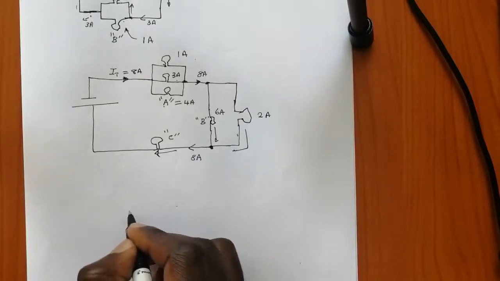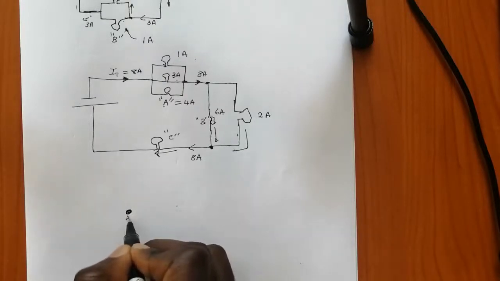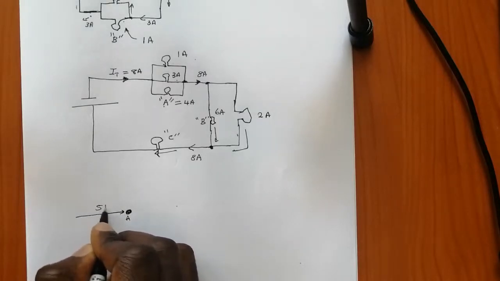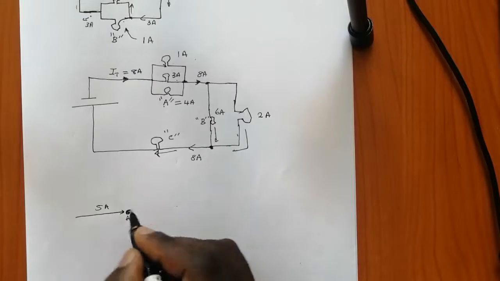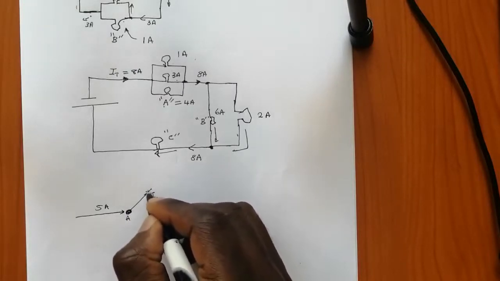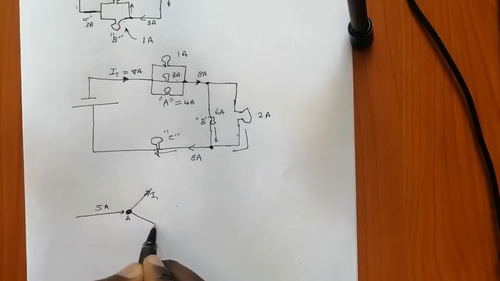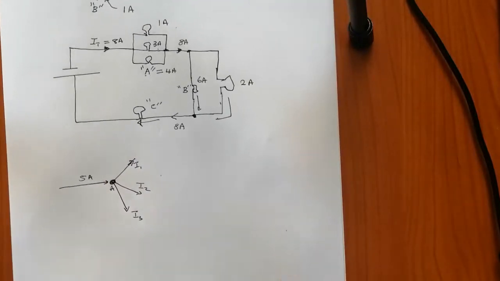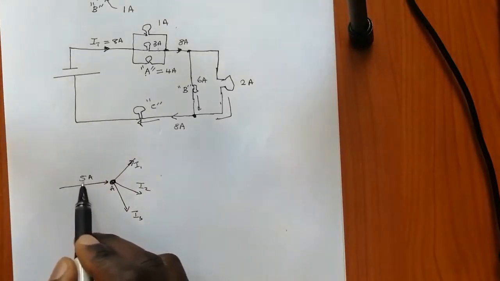As we just said, we have a node A. So if I supply a current of 5 amps, and I have current I1 that is leaving the node, you have current I2 also leaving the node, you have current I3 which is also leaving the node. So all these currents must be equal to this current here.